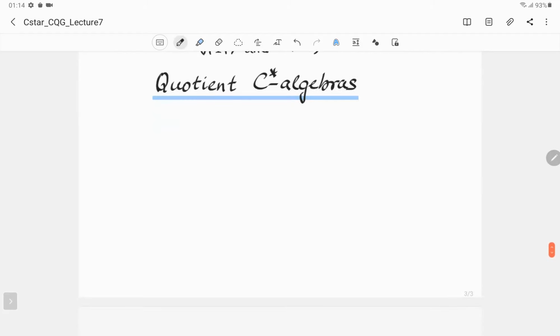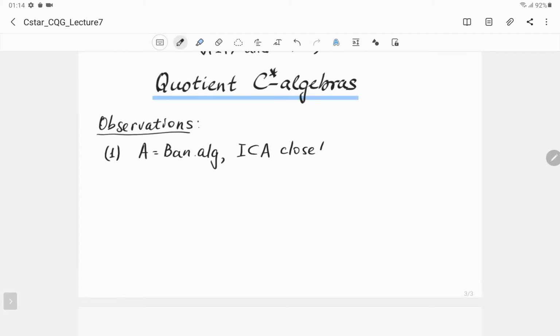Okay, so we start with a couple of simple observations. First of all, we have already observed some time ago that if A is a Banach algebra and I is a closed two-sided ideal of A, then the quotient of A modulo I is also a Banach algebra.